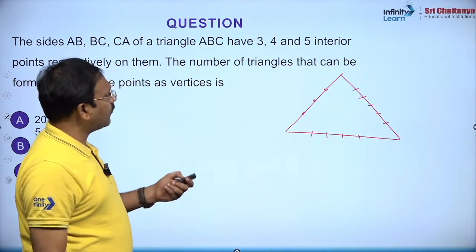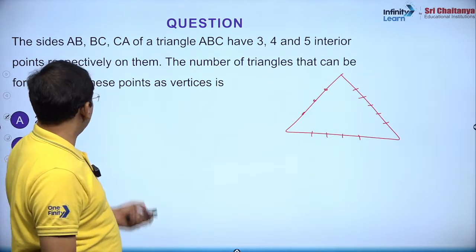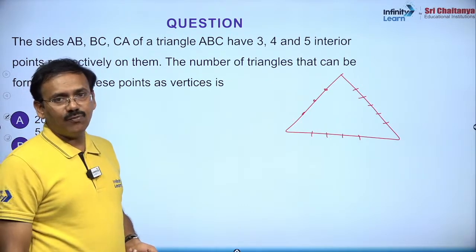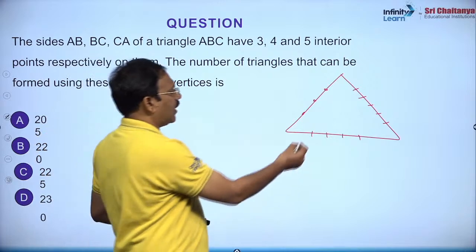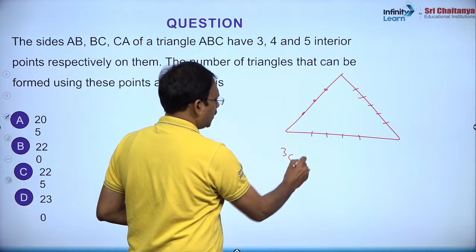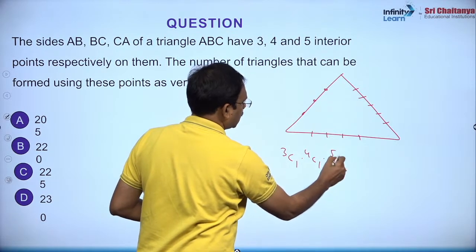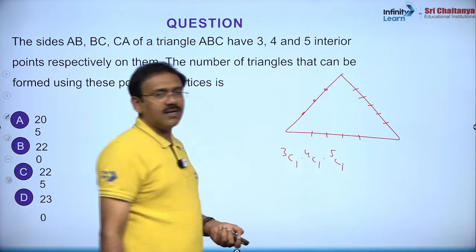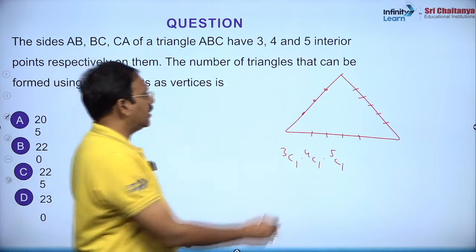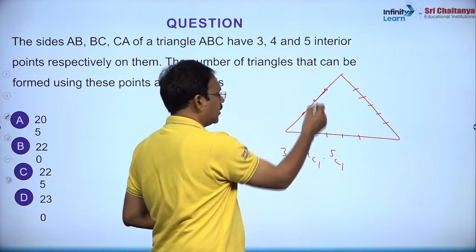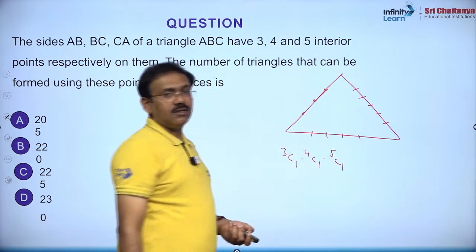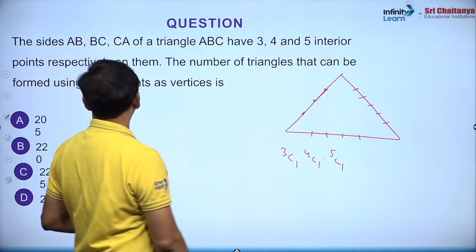Now the number of triangles that can be formed using these points as vertices. You have to select 1 point here and 1 point here and 1 point here. This is 5C1. You will get a triangle.